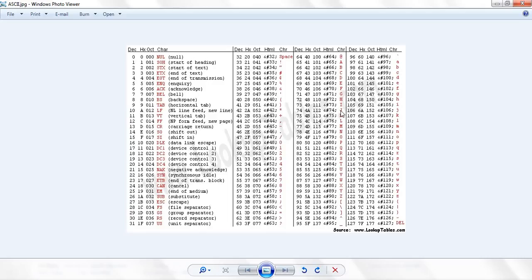So J is not really stored as J in your computer; it's stored as 74 in decimal context. Capital Q is not stored as Q; it's stored as 81, because it is much easier for the computer to deal with numbers as compared to text.